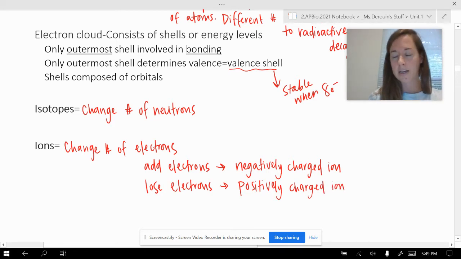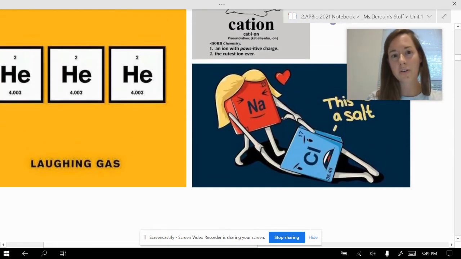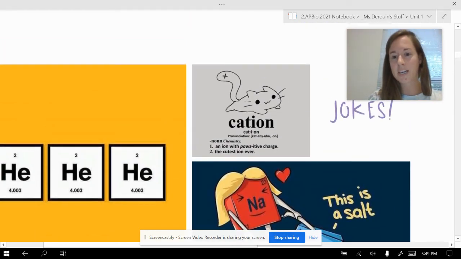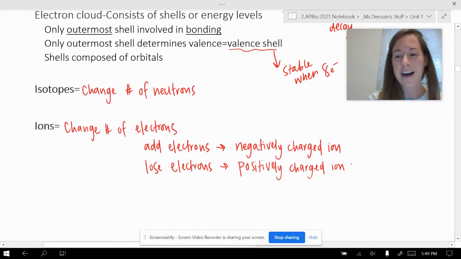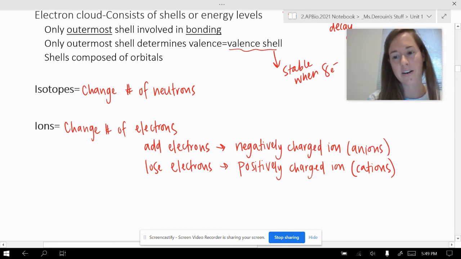And this is where cations and anions come in, which, if we go back up to my jokes, you can see that they're positive because they have paws, not really what cats do. So that's how you can remember that cations are positive and anions are negative, which has no fun, cute way to remember.